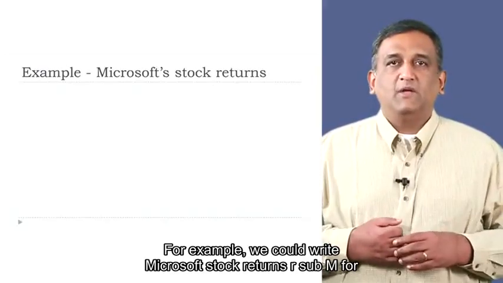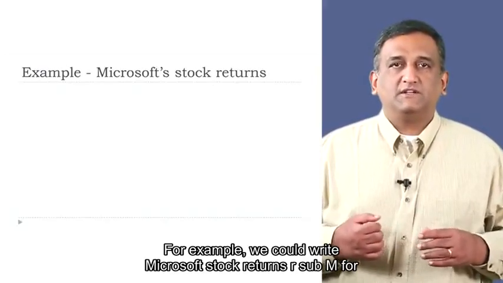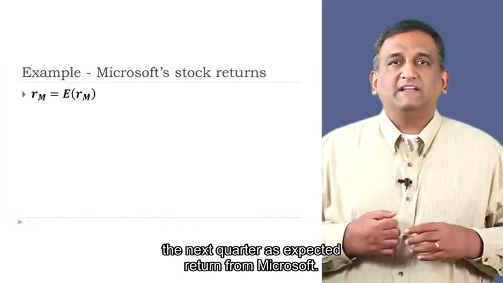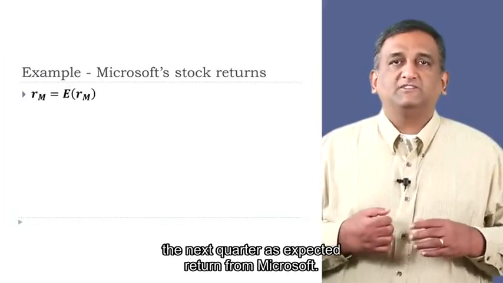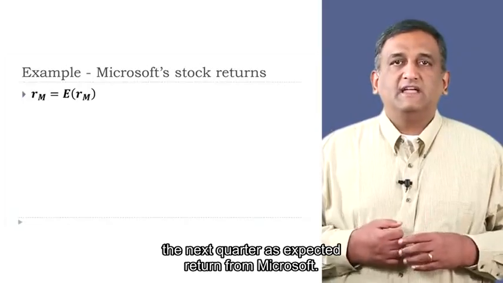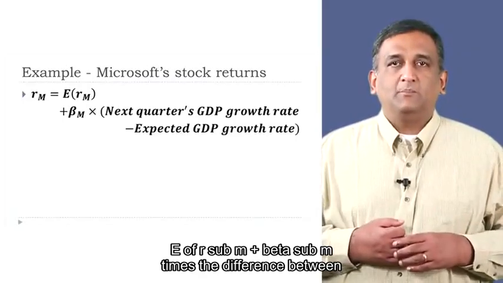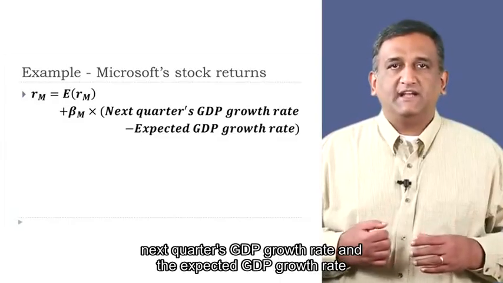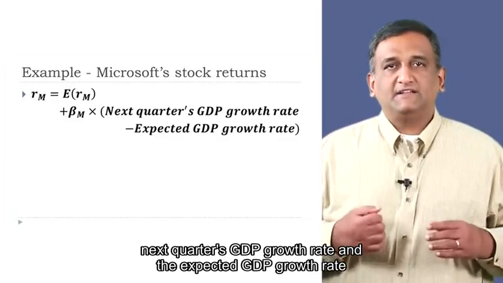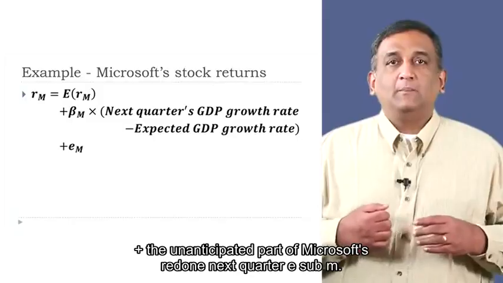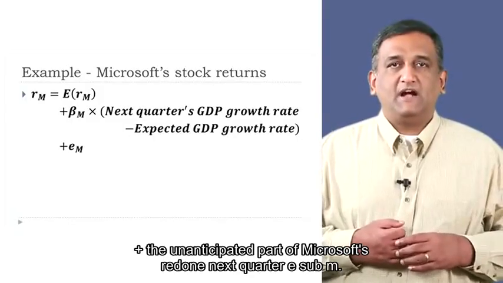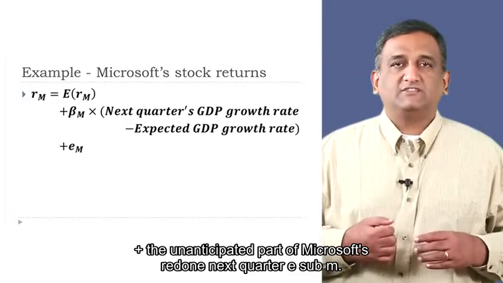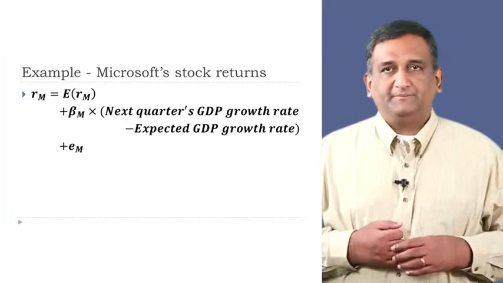For example, we could write Microsoft stock returns R_M for the next quarter as the expected return for Microsoft, E[R_M], plus beta_M times the difference between next quarter's GDP growth rate and the expected GDP growth rate, plus the unanticipated part of Microsoft's return next quarter, e_M.